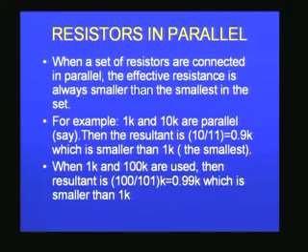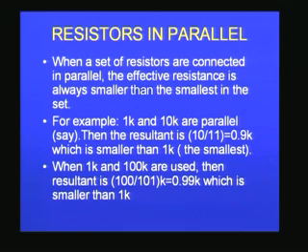If I use 1K and 100K in parallel combination, then the resultant you can immediately find out will be 1 into 100 divided by 1 plus 100, and that means 100 divided by 101, and the value is about 0.99K. So you can see if the 2 resistors are equal, the effective resistance is half.